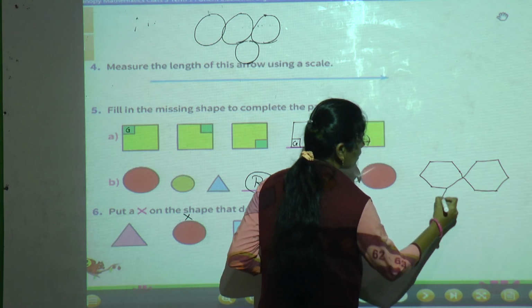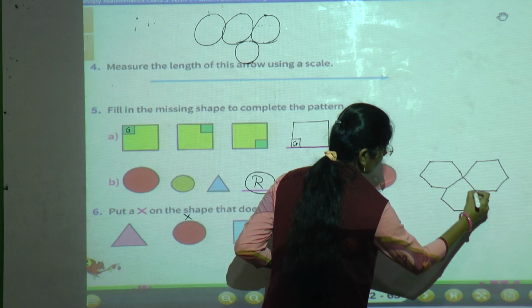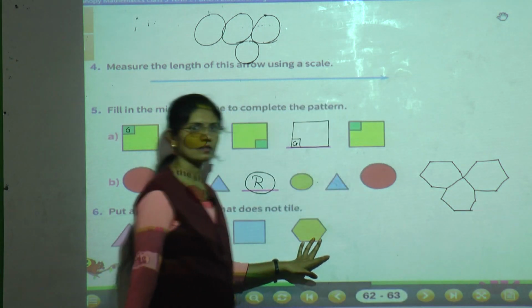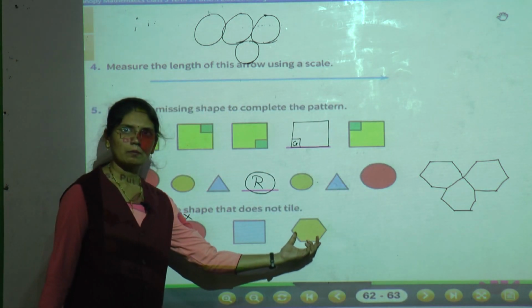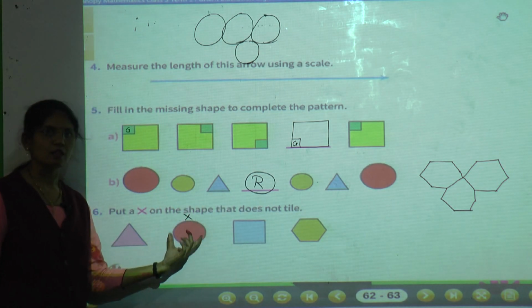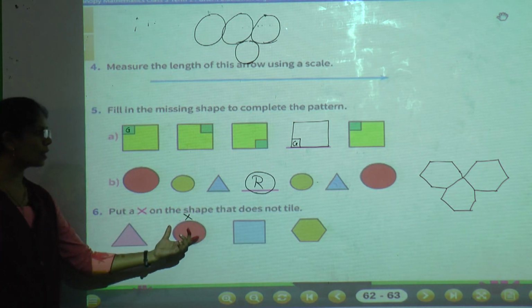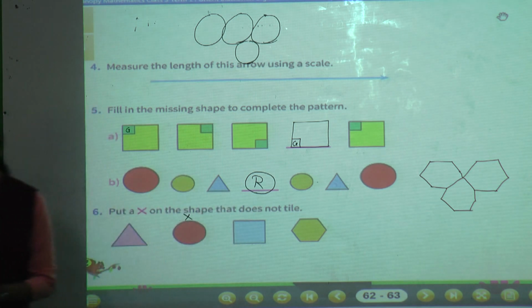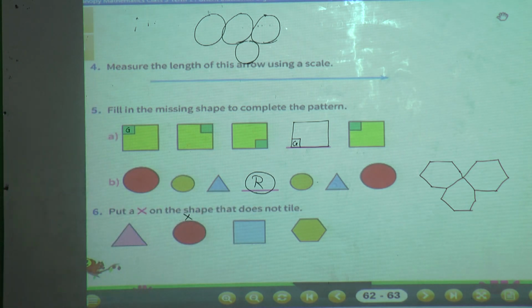Without leaving a gap we can make tiling with the help of hexagon also. So which one is our answer? Circle. With the help of circle we cannot make tiling. So in this way we have completed our mathematics A.